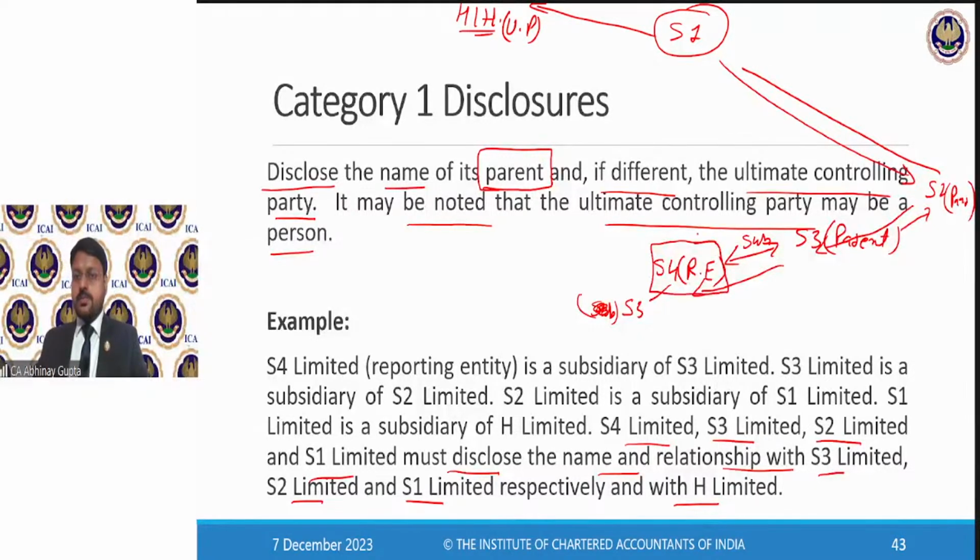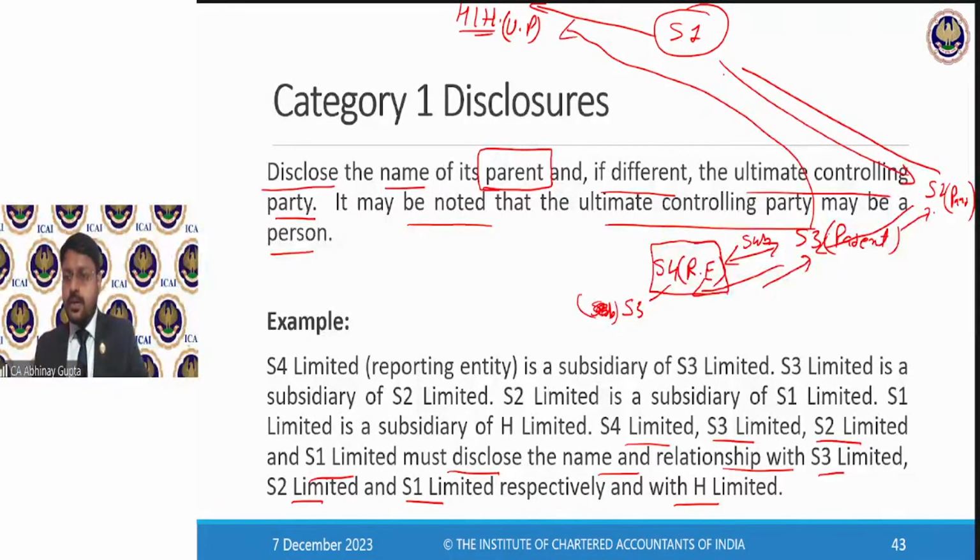We are preparing the financial statements for S4. Now, by virtue of category 1 disclosures, what we need to disclose in the balance sheet of S4. So, in the balance sheet of S4, we will say that S3 is the parent company of S4, and S2 and S1 are the intermediary parent companies, and the ultimate parent company is H Limited.